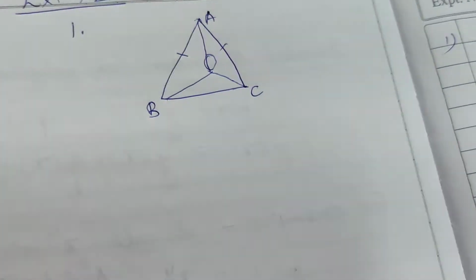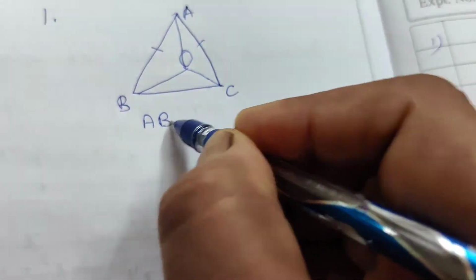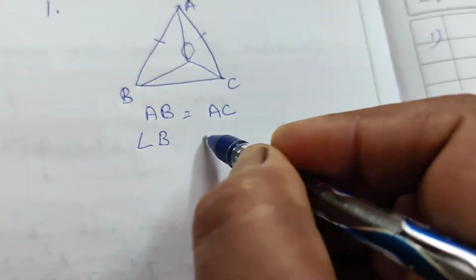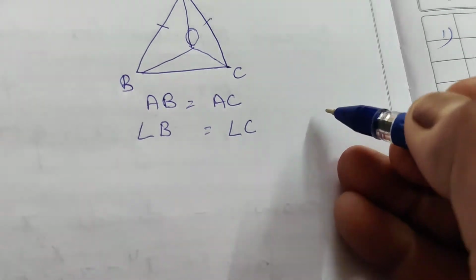If AB equals AC in an isosceles triangle, it means angle B equals angle C by the isosceles triangle property.